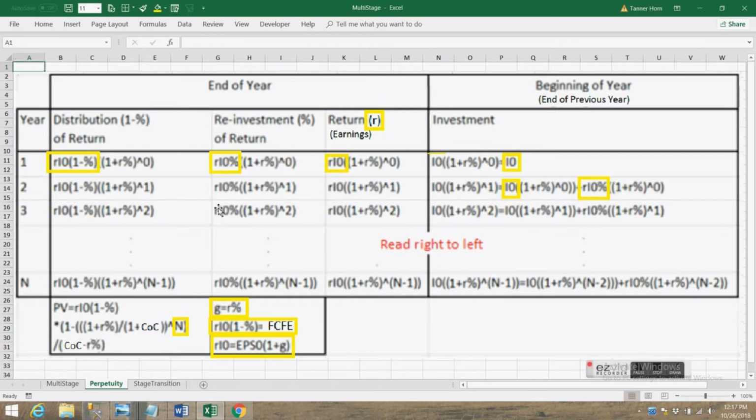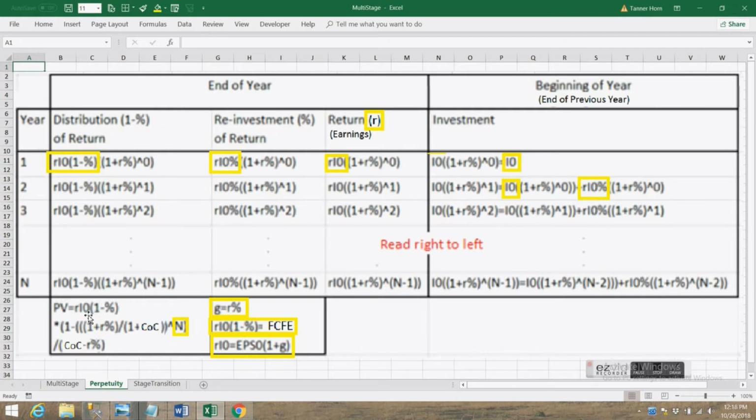And a stage is really, 3 things are constant during a stage: the rate of return that's being earned against the investment, the percent that management decides to reinvest of those earnings back into the operations of the company, and the cost of capital. If any one of those 3 values changes, you have a new stage, and therefore you're looking at a multi-staged model. But what you're looking at here is just a single stage.